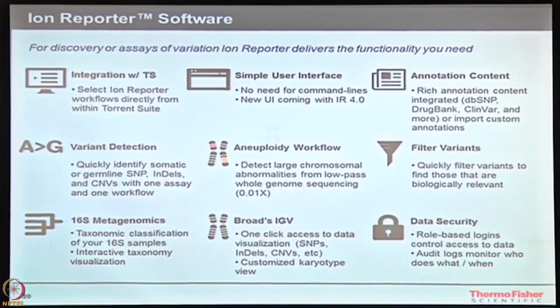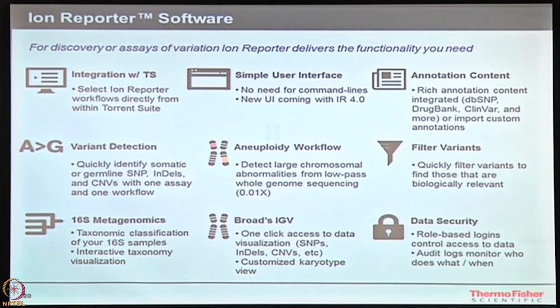This is something way different from what you do at the genomic level. This is something with microbial content or microbial identification. So if you have bacterial samples, or certain samples that are coming for 16S sequencing, we have a kit which helps you to do that 16S sequencing on the Ion Torrent system, and then you can do a straightforward analysis in Ion Reporter over here. So it differentiates your microbial content.